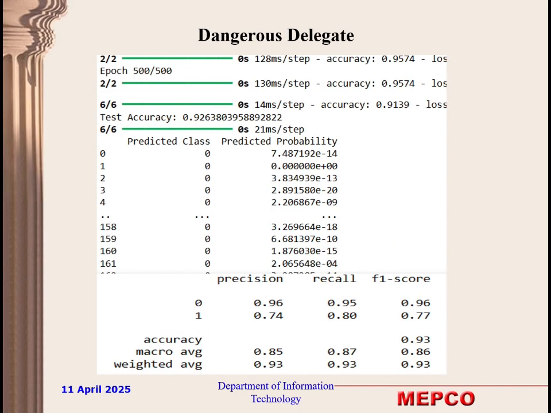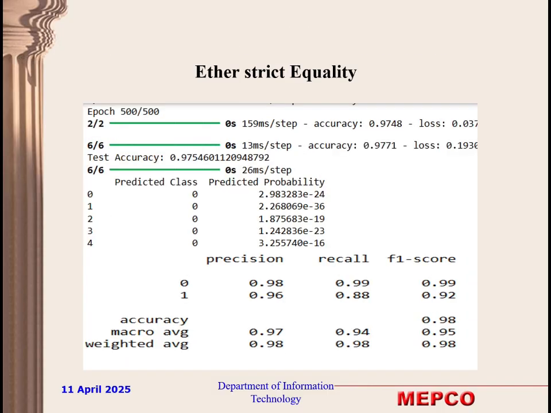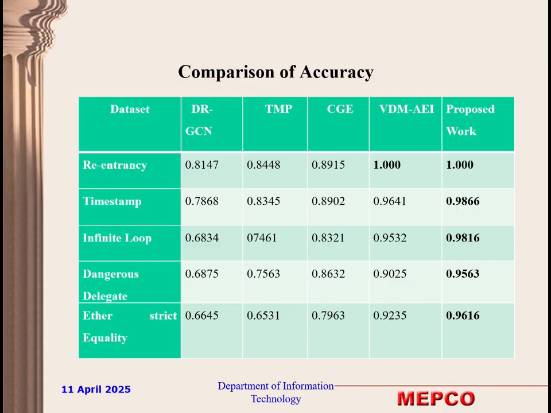Dangerous delegate provides an accuracy of 92.63%. And ether strict equality provides a test accuracy of 97.54%. And this is the overall comparison of accuracy of our proposed work with the previous traditional models, where our proposed work provides higher accuracy compared to other models.